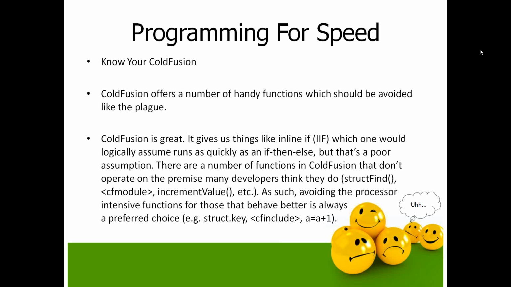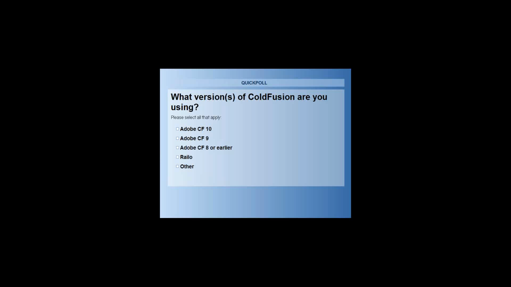Struct key exists is actually also faster because it's only searching the keys, whereas struct find searches the keys and the values. And any difference between those two? Yeah, if I had to go that route, I would probably still do is defined, because then you're defining the actual key that you're looking for instead of asking it to parse through the list of keys. So it's still faster to do is defined.